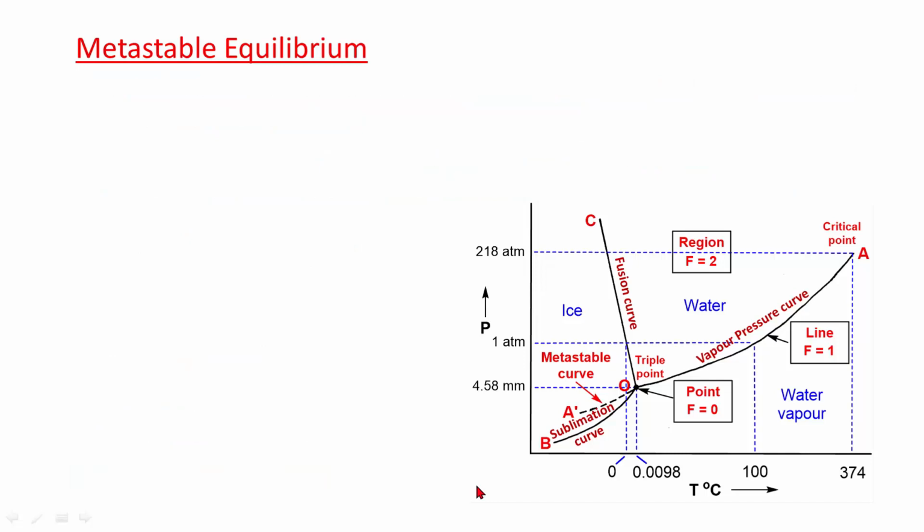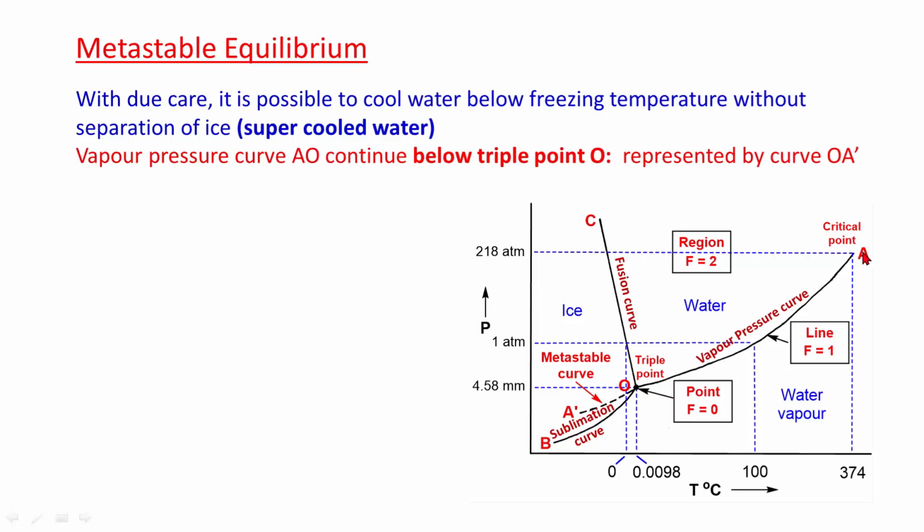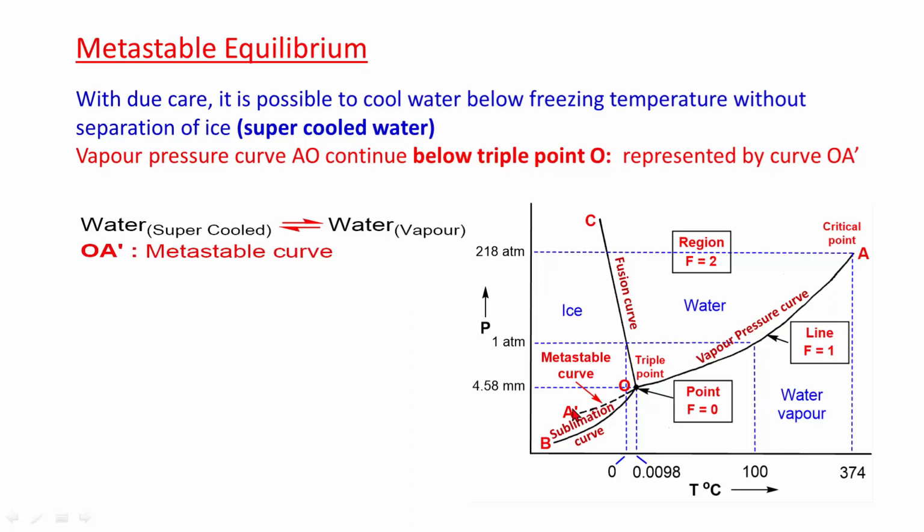Metastable equilibrium. This curve is the vapor pressure curve. So with due care, it is possible to cool water below freezing temperature without separation of ice, that is OA dash represents supercooled water. Vapor pressure curve AO continues below triple point O and it is represented by OA dash.